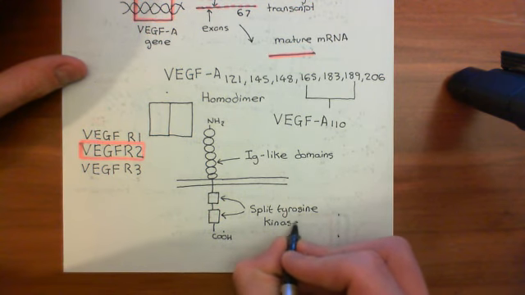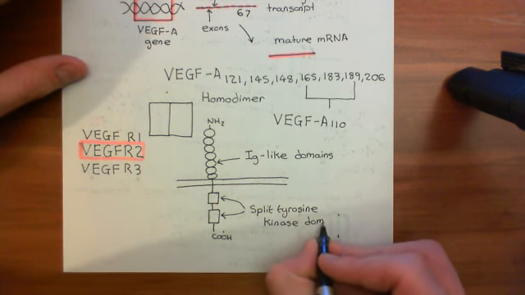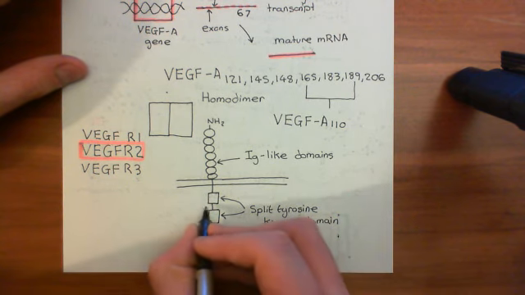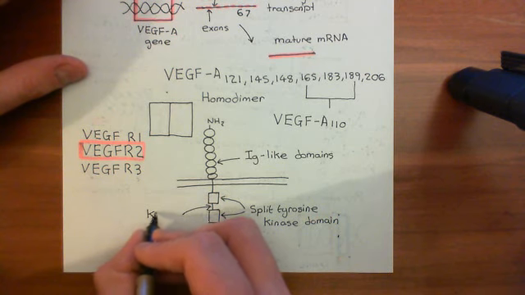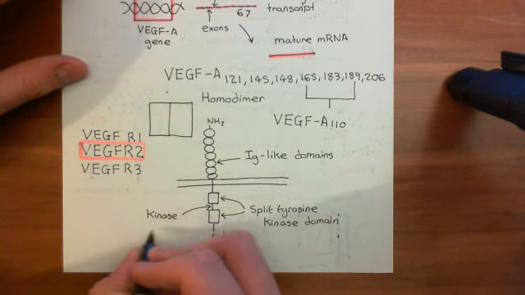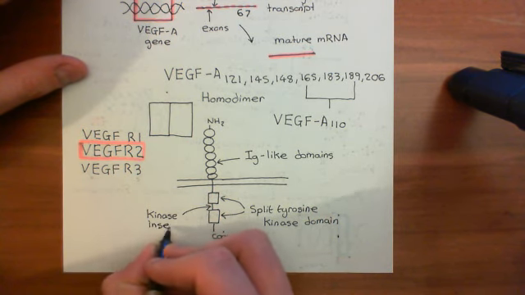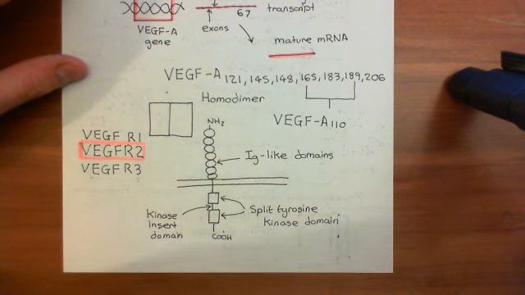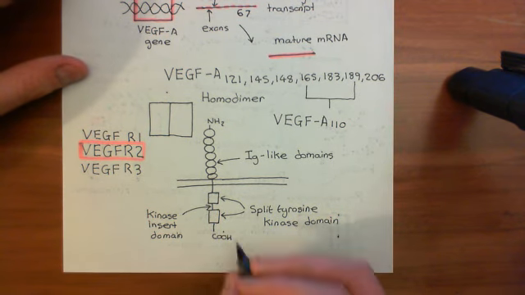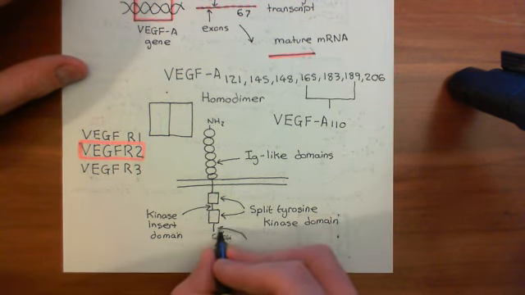So this is the split tyrosine kinase domain, and then the portion that splits the 2 is known as the kinase insert domain. So this is the kinase insert domain. Okay, and then this other portion down here, which is after the second of the split tyrosine kinase domains, this is known as the C-terminal tail.